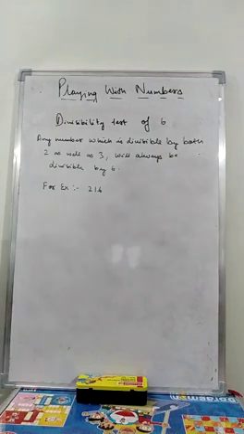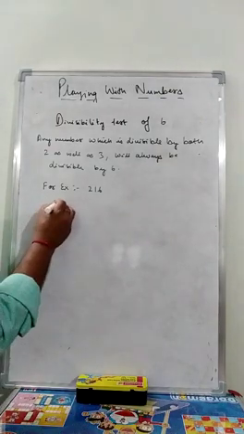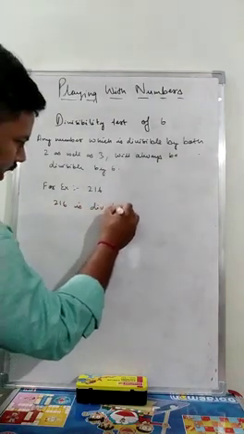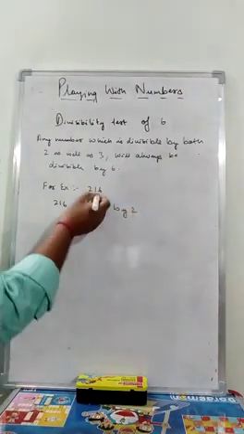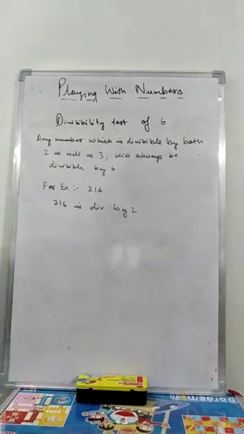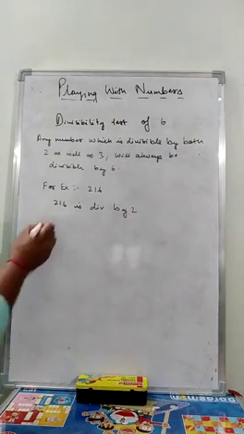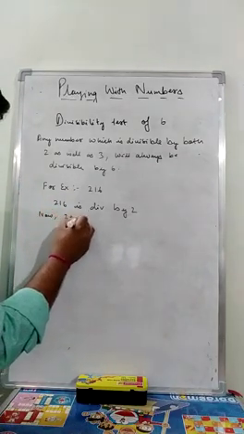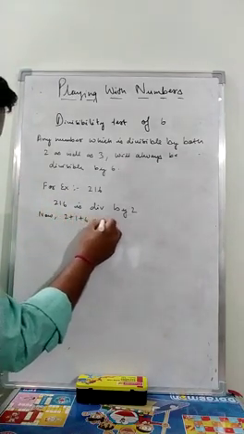So over here, 216 is divisible by 2. Why? Because see, its unit digit contains 6 as well as 216 is an even number. So 216 is divisible by 2. Now 2 plus 1 plus 6 is equal to 9.